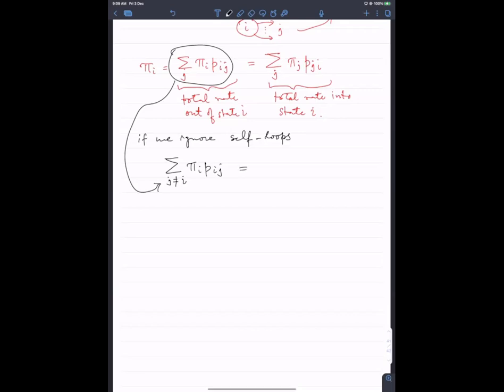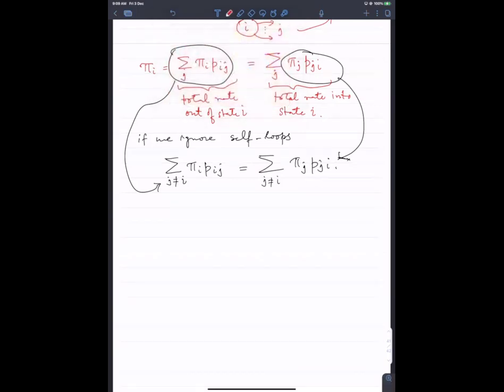So this should be equal to the summation, once again over j not equal to i, of pi j p ji. This is the same as this one here, once again ignoring the self loop.